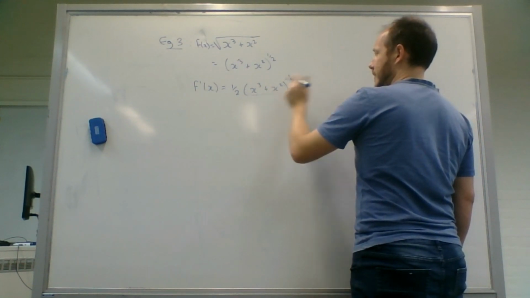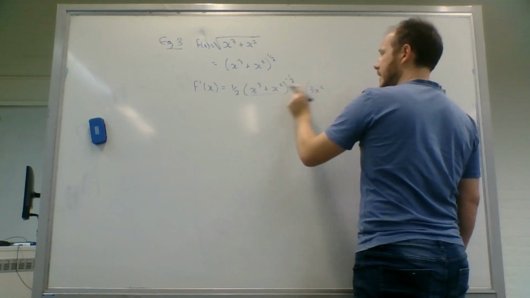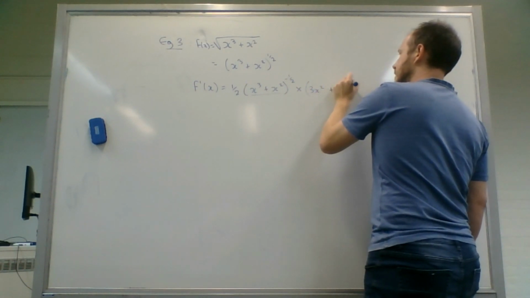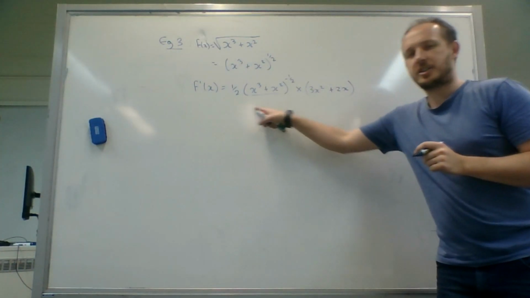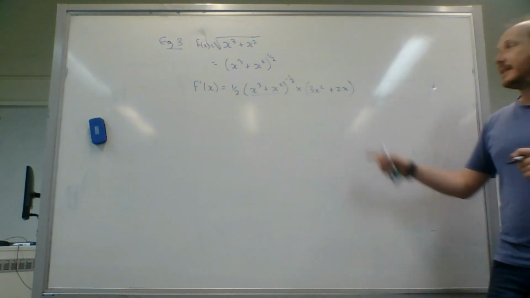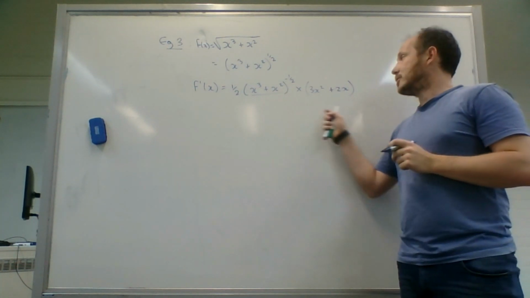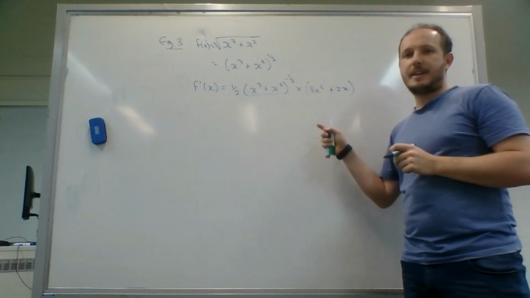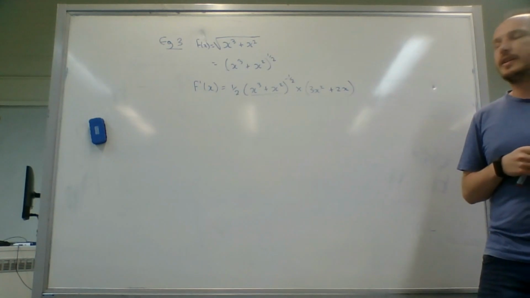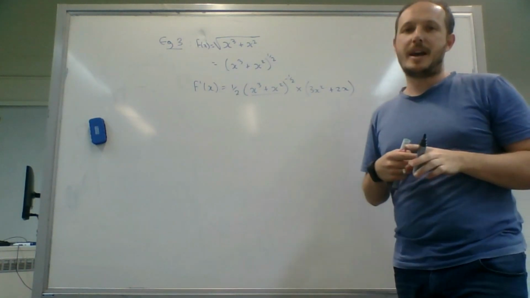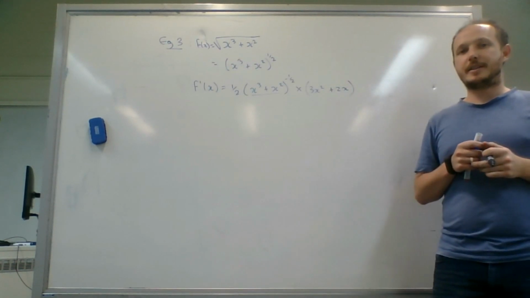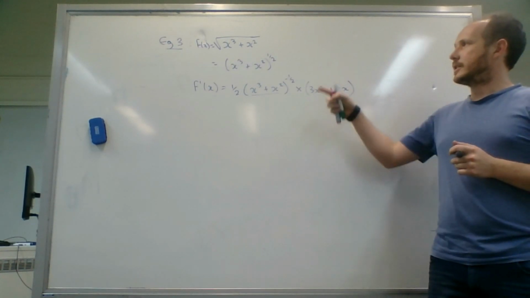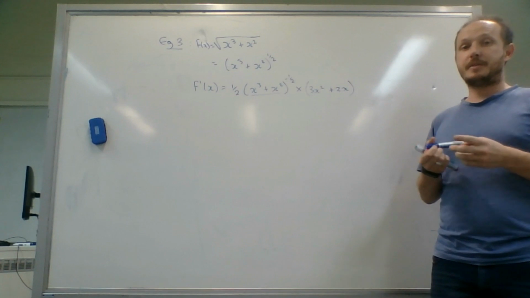So the derivative of this is 3x squared. The derivative of this is 2x. So my derivative function looks like this. Now again, it's a little bit messy, but I'm not too fussed at this stage. I'm happy for you to leave it in this form. Until we get to the point where we are problem solving, there's really no need to simplify this. So this is another example of the chain rule.